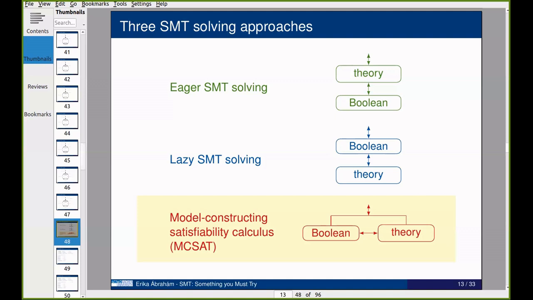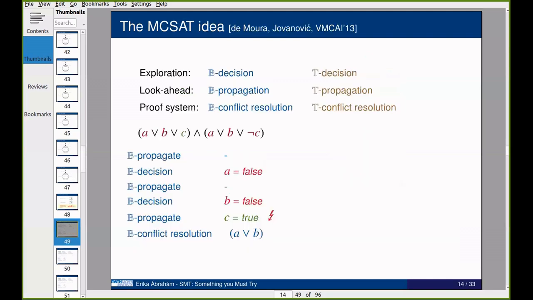We have seen how good it worked for SAT solving to combine exploration, propagation, and resolution. And the idea was, let us check, can we do this also in the theory? Does it make sense? So could we make in the theory also Boolean-like decisions, just explore, guess a value?